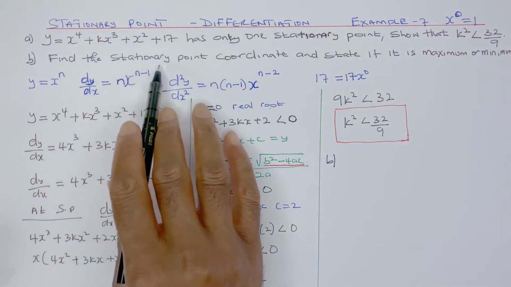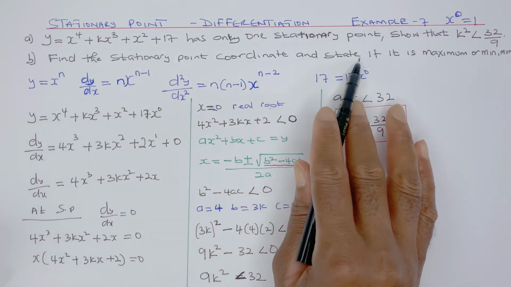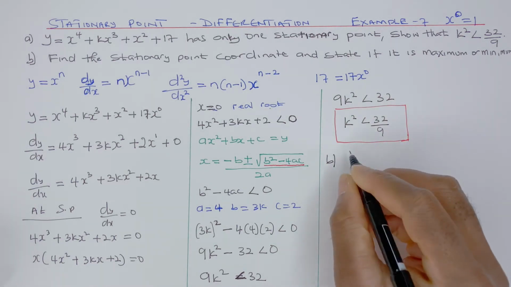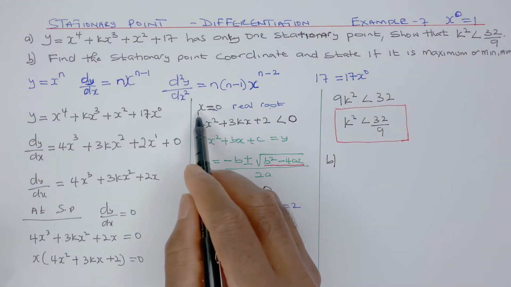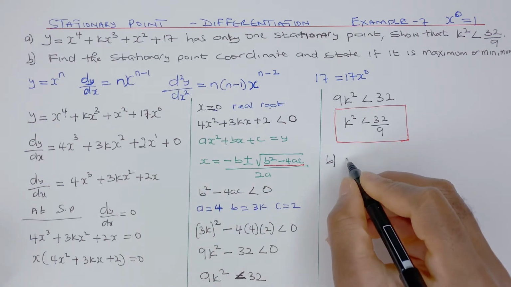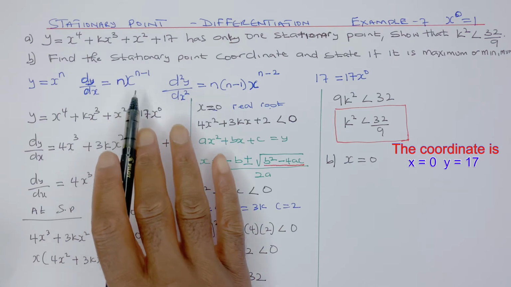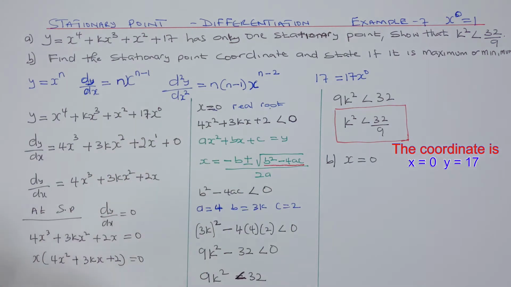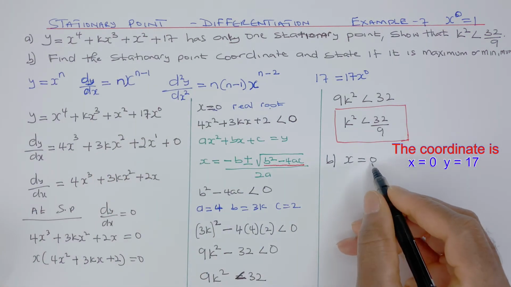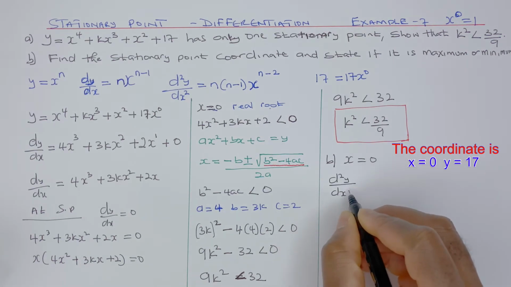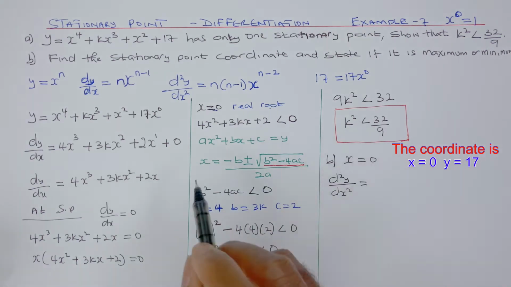B. Find the stationary point coordinate and state if it is a maximum or minimum. We know that we've got the real solution here, x equals 0. We then need to find d2y/dx squared at the stationary point, x equals 0.